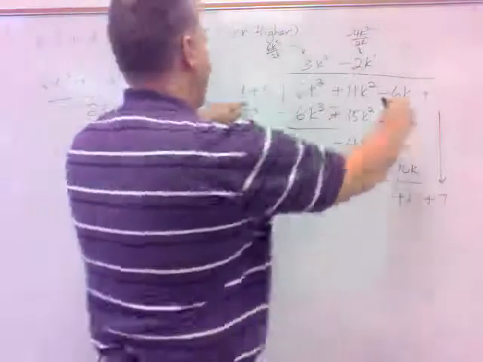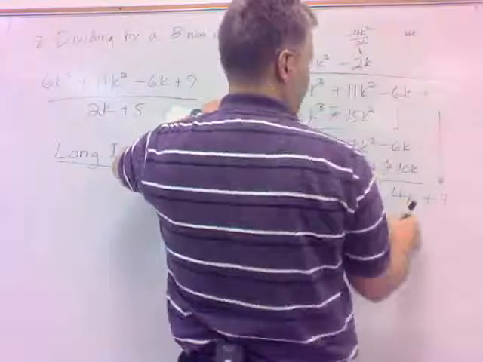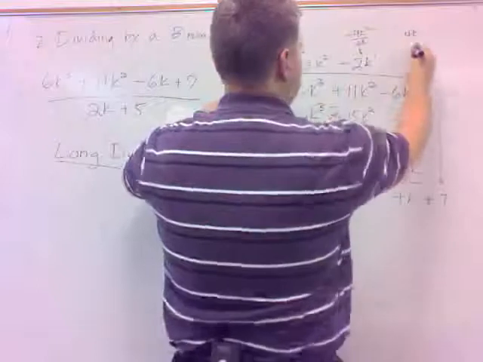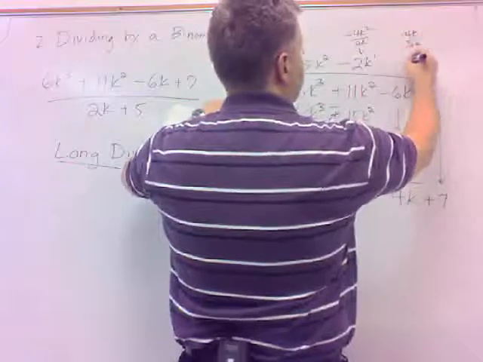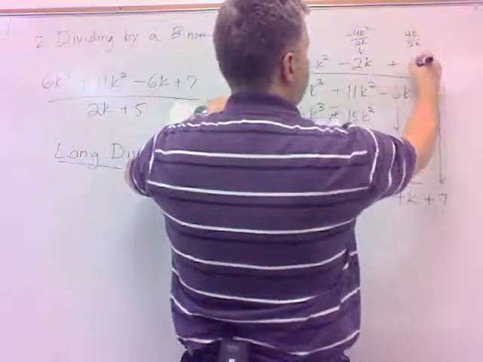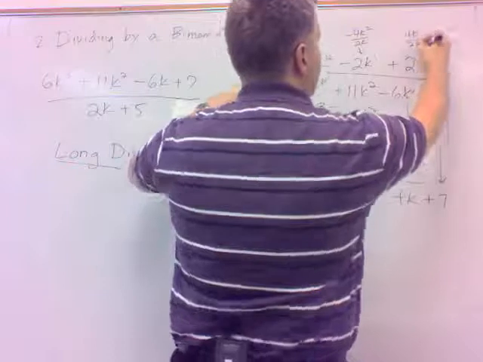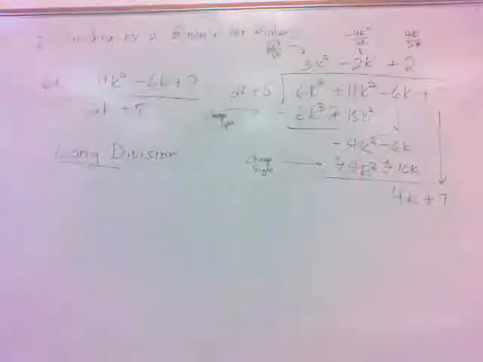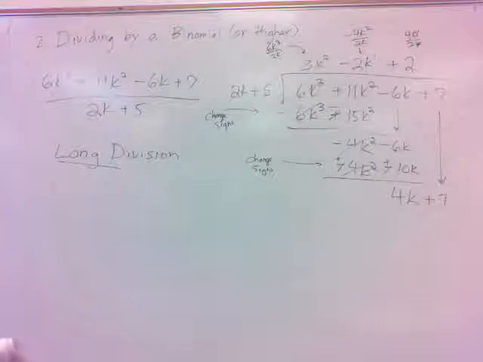So 4k, we take that divided by 2k. 4 divided by 2 is 2, and the k's cancel out, so it's just positive 2. And you do want a sign there. It's 2, but it does need a positive in front to separate the terms. So then what?